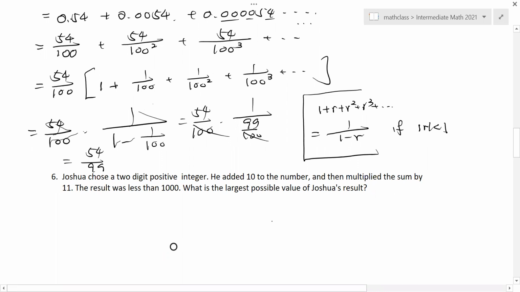It says that Joshua chose a 2-digit positive integer, and he added 10 to the number, and then multiplied the sum by 11. The result is less than 1,000. What is the largest possible value of Joshua's result? So you want to figure out not the original number, but the result.